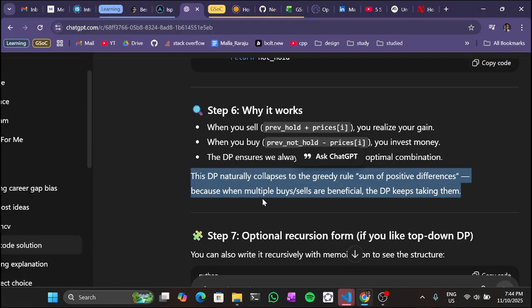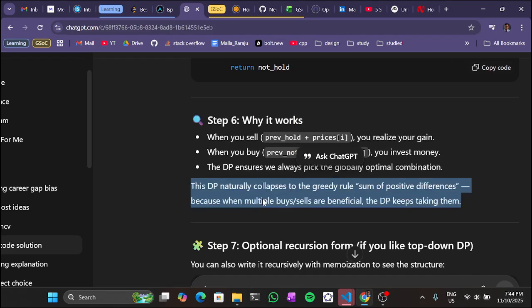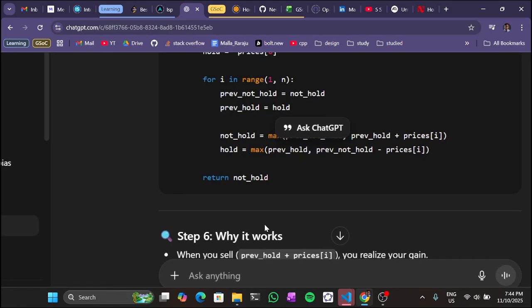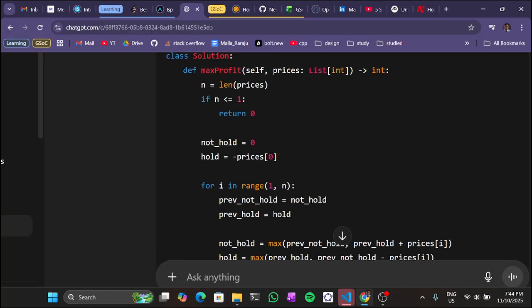This is equivalent to the sum of positive differences, because when multiple buys or sells are beneficial, the DP keeps taking them. If we hold nothing, then we can buy something.